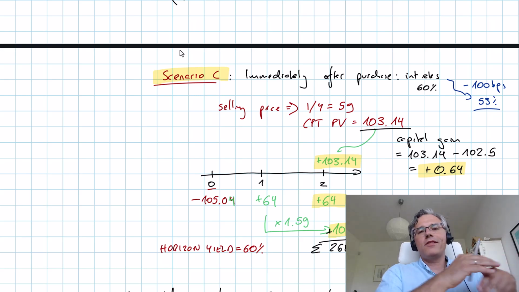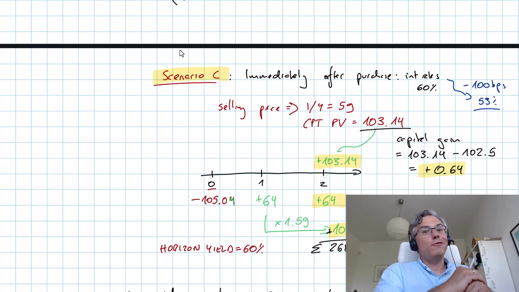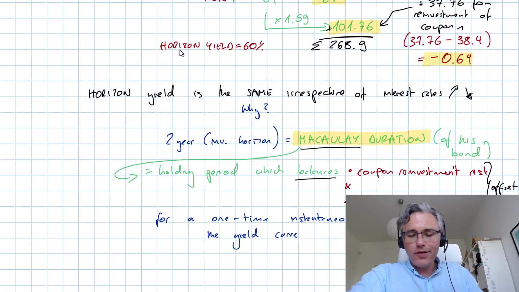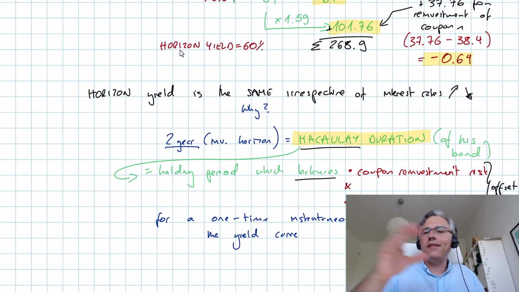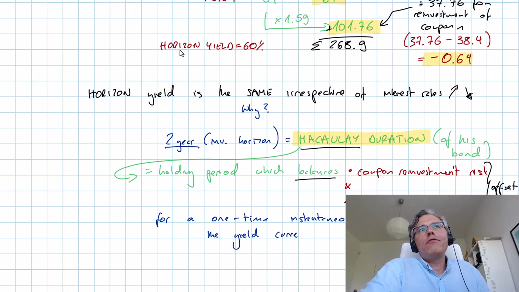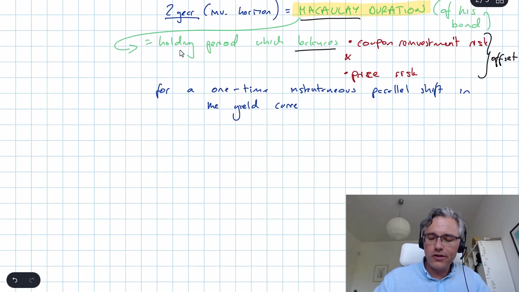The investor's horizon yield did change because the horizon was not equal to Macaulay duration. How did I come up with the number 2 here? It wasn't by accident. In the next video, we're actually going to compute it. So we will be computing Macaulay duration, both using longhand paper and the calculator as well, to make things simpler. But you need to understand the logic, so we'll be doing the full computation anyway.